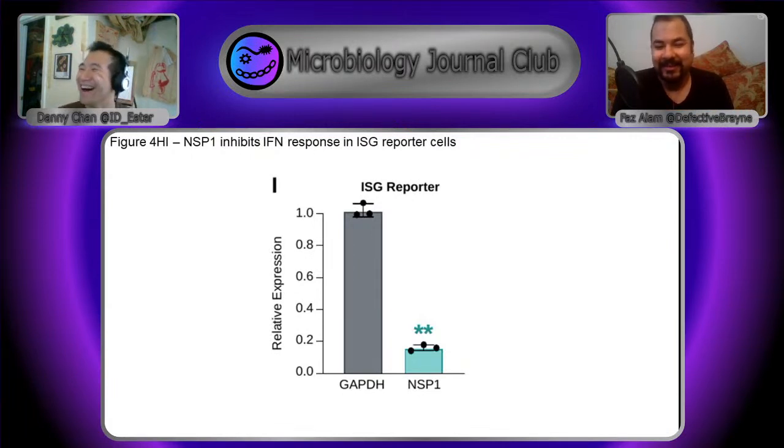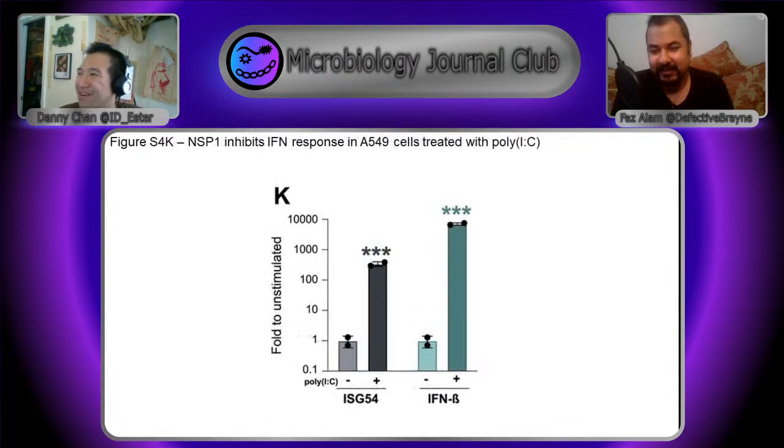And they also do some other stimulations. I mentioned before the reporter ISG, which is a well-known reporter. It's kind of artificially made, you could say. I mean, everything's super artificial in cell culture, but there's another system.